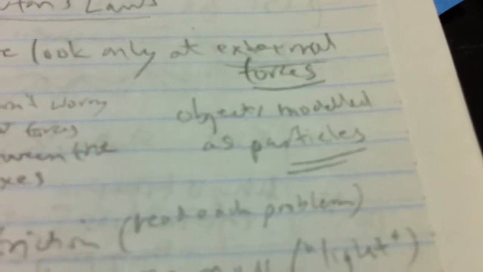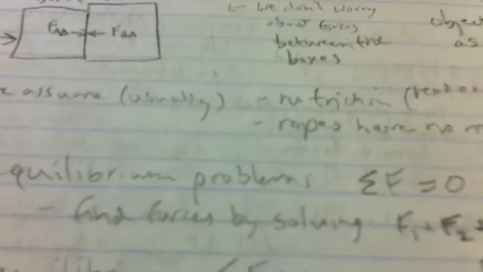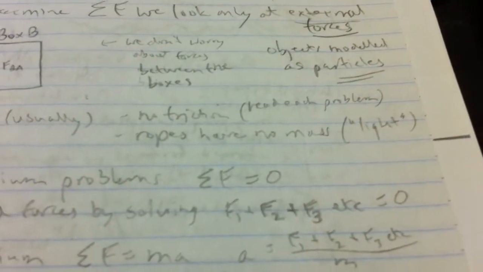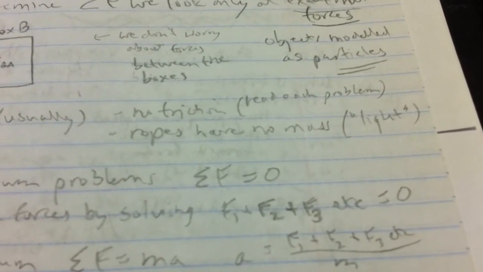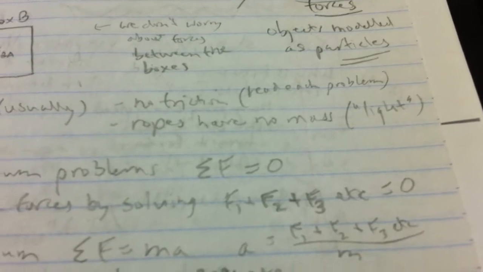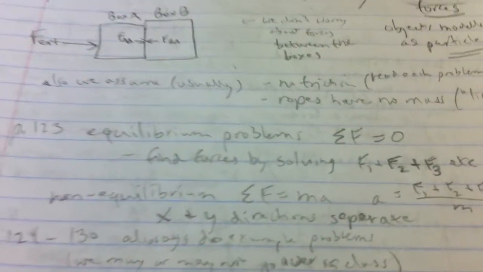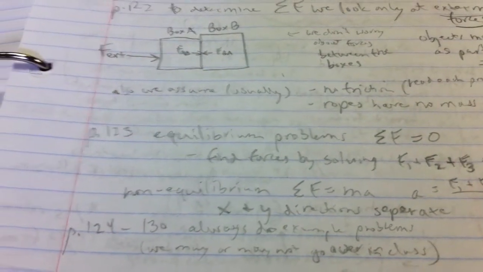So we're not worrying about the internal forces, we're modeling the objects as particles, we're assuming no friction, and ropes have no mass. When we get to pulleys, pulleys have no mass, otherwise they'd have rotational inertia, which we would get into later.